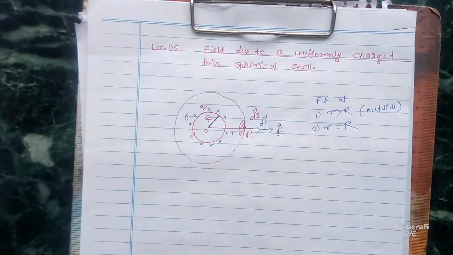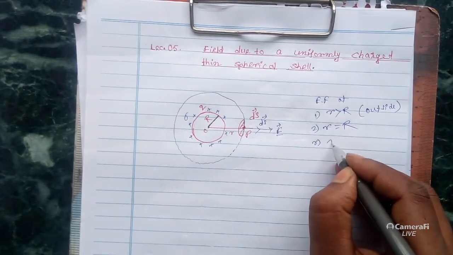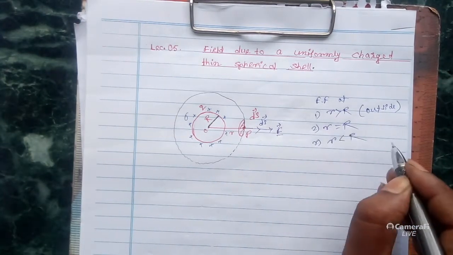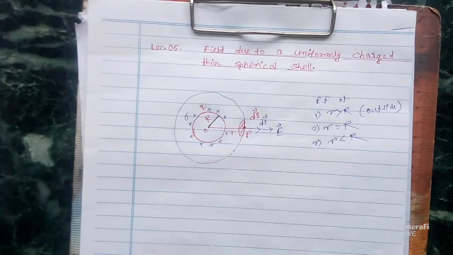Second case, r is equal to capital R, that is at the surface. And inside the sphere, what will be the value of r? r is less than capital R. When small r is less than capital R, then the point lies inside the sphere. Clear?